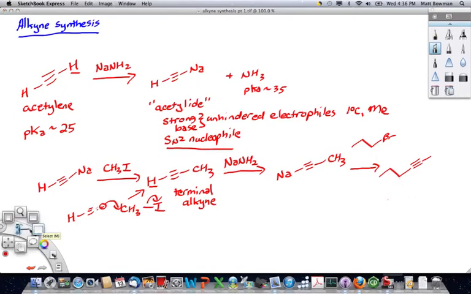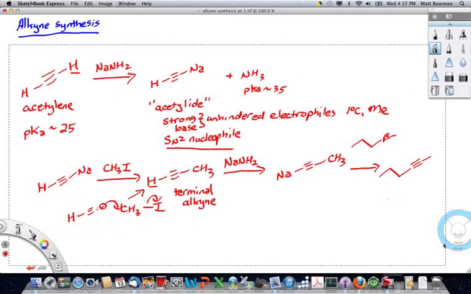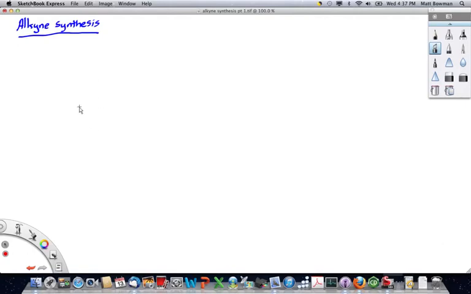Working backwards, say you were given a bigger alkyne, and you had to work your way backwards. What you do is you make the bond next to the triple bond.